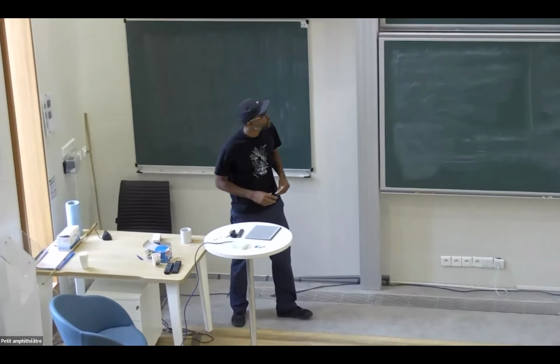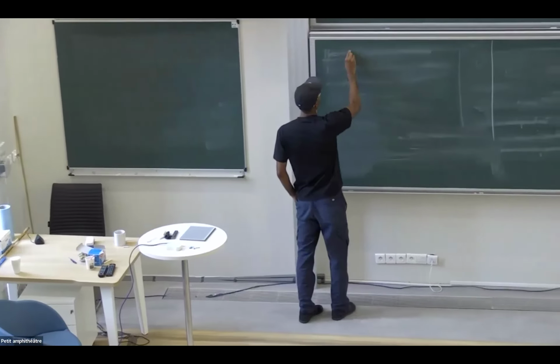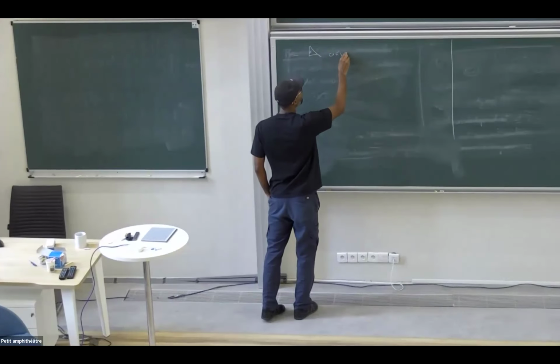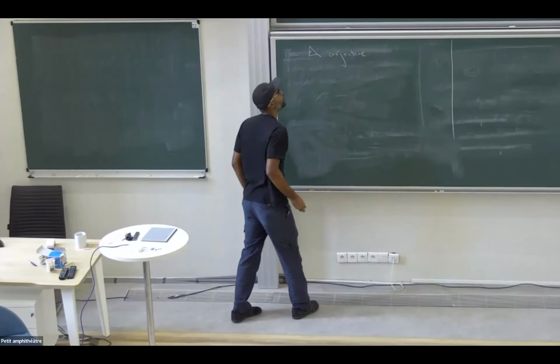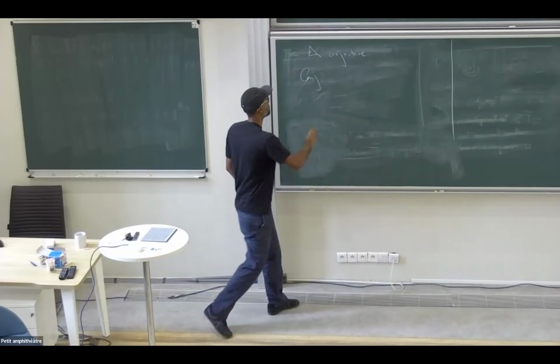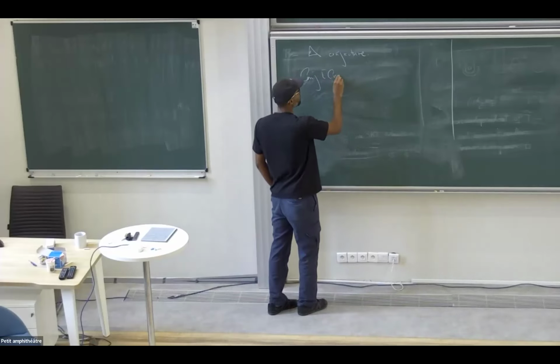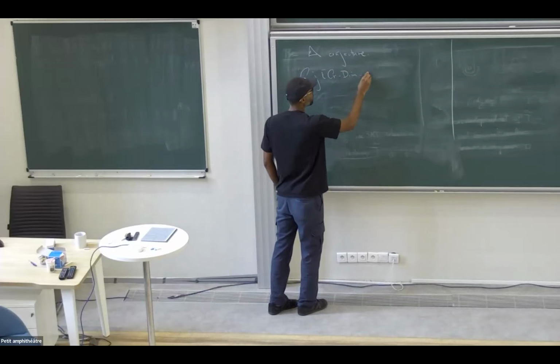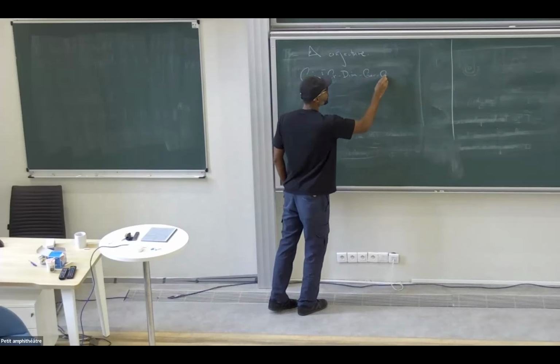All right, so let's write down this conjecture. This will flow over to the next bit here. So Creutzig, Dimofte, Garner, Geer here.